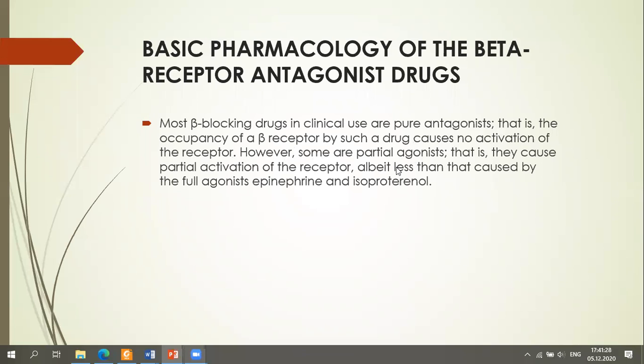However, some are partial agonists, which may also have additional activity in different types of receptors. They cause partial activation of the receptor, albeit less than that caused by the full agonists epinephrine and isoproterenol. So let's move on here.